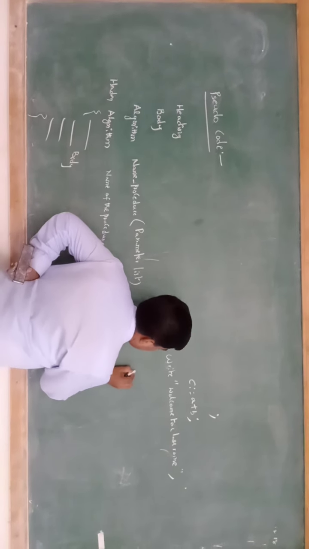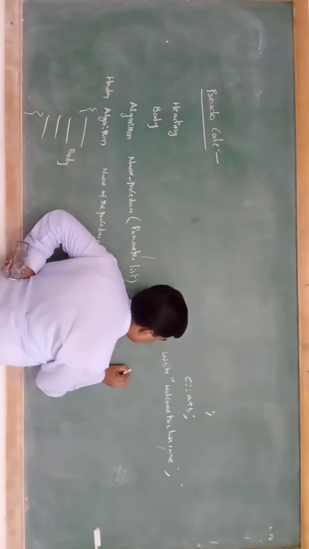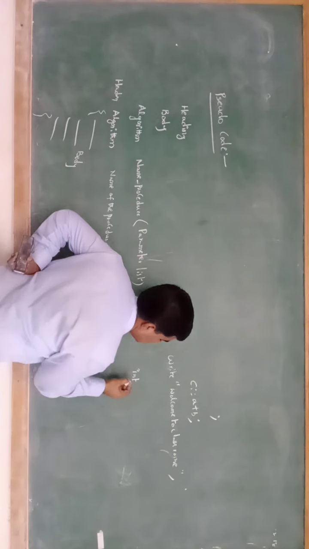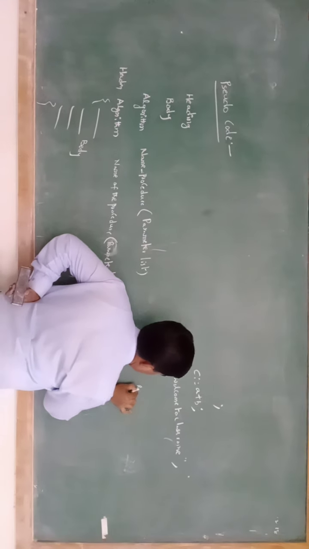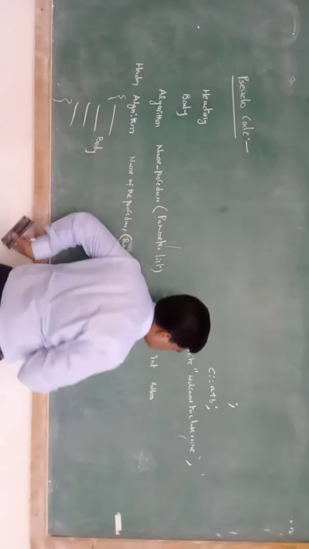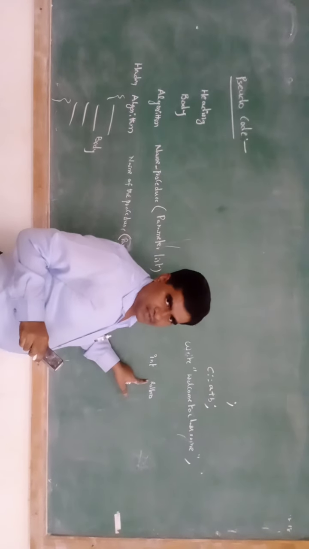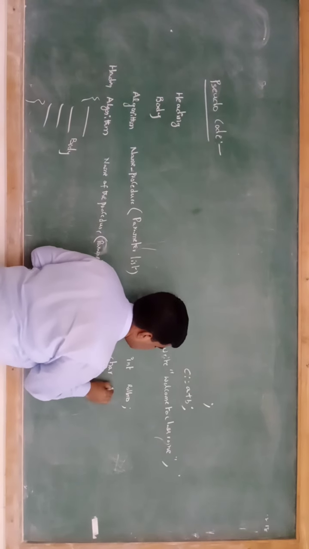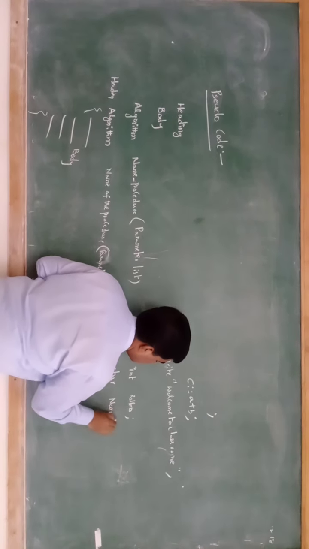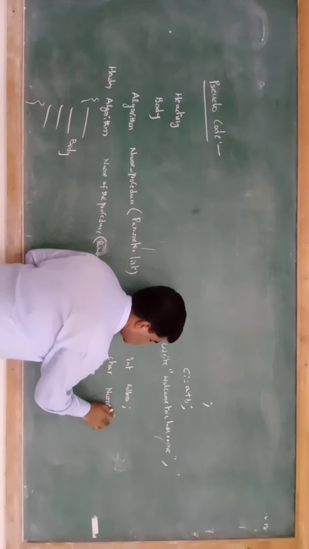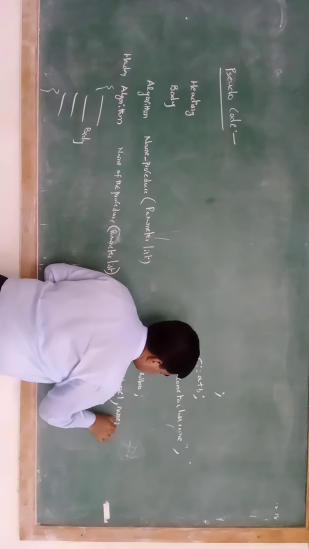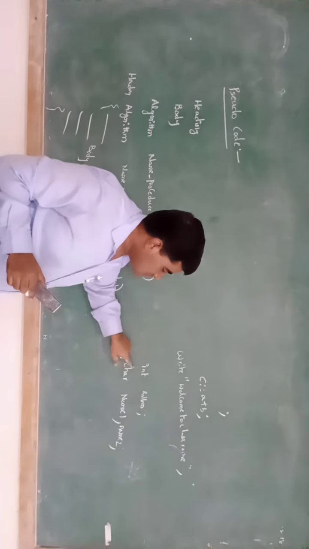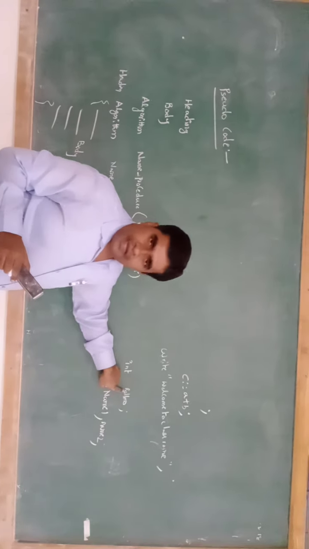Suppose I am writing int roll number; it starts with an alphabet. For character, suppose name1, name2. Whatever variable or identifier we define should start with a letter only.